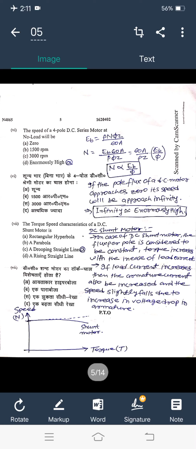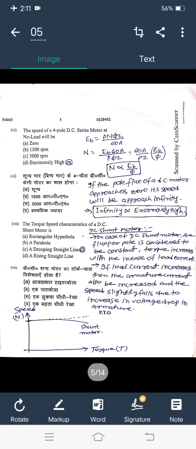That means if flux is 0, then the speed is infinity, which means enormously high. For a DC series motor at no load, the speed is infinity, so the answer is option D, enormously high, almost infinity.